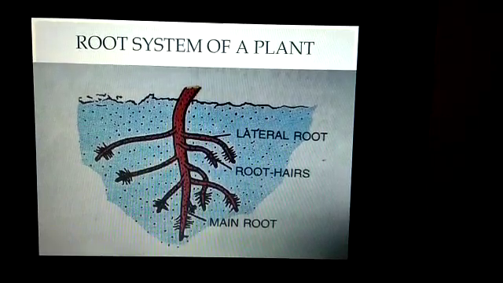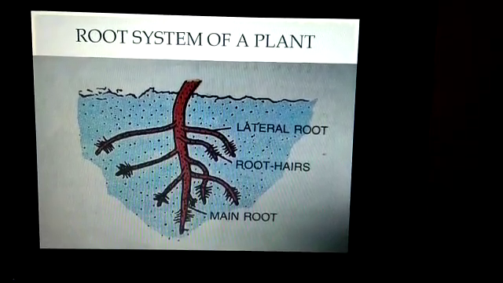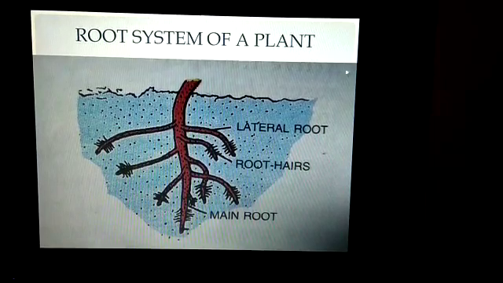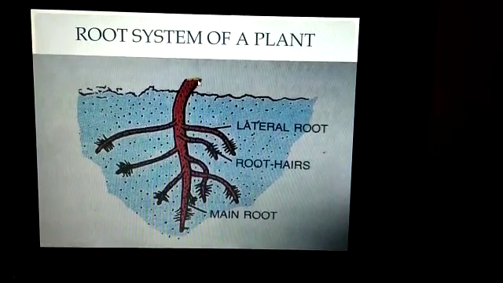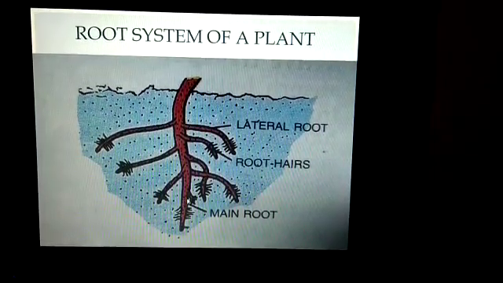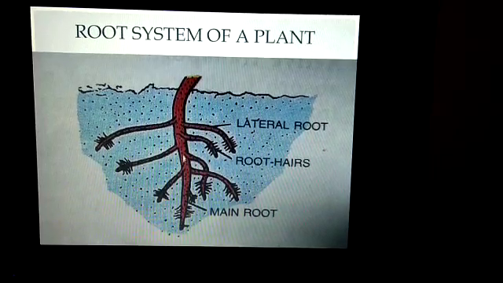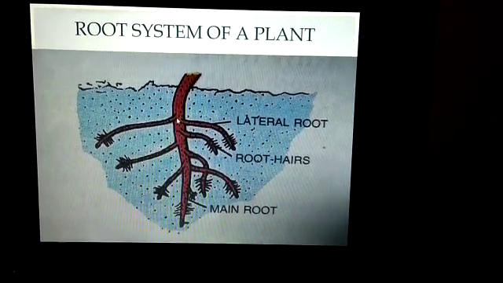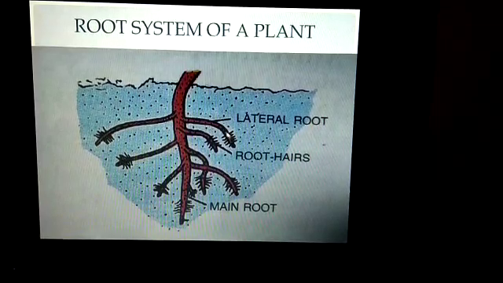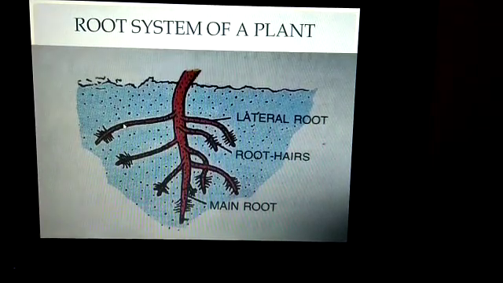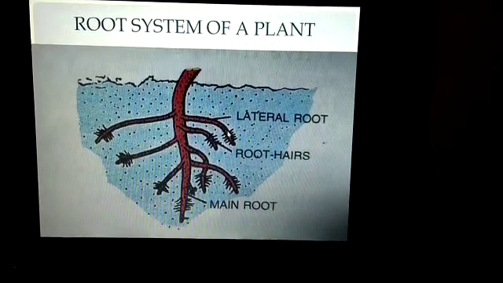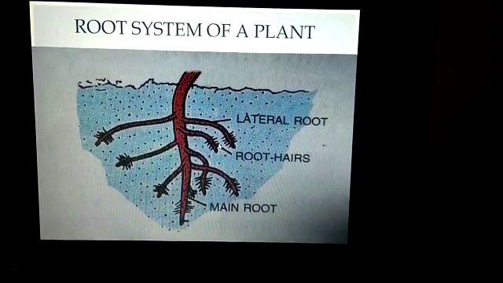Main root means, as you can see in the picture, this is the main root, and from the main root several lateral roots have arisen, and from lateral roots you can see these small hair-like structures. These are called root hairs.